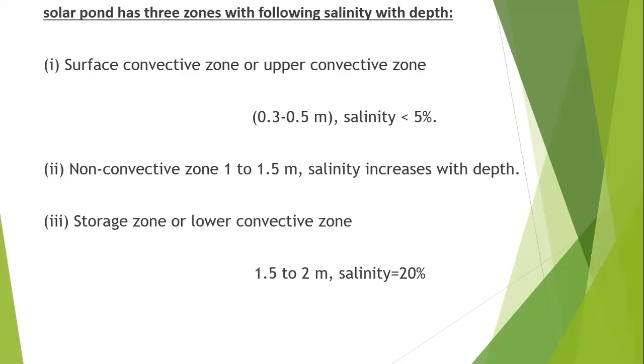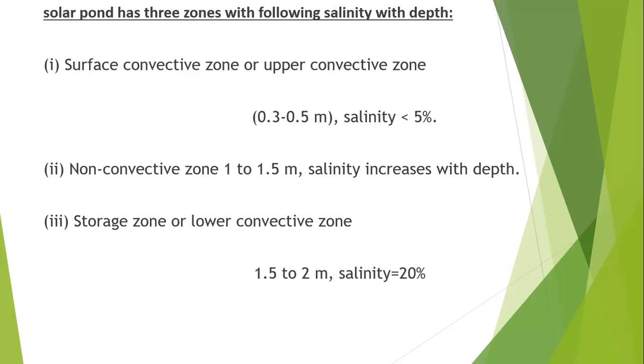The first one is the surface convective zone or upper convective zone. On the top we have fresh water, and the depth of this zone is around 0.3 to 0.5 meters, and the salinity, the percentage of salt present in it, is less than 5%.